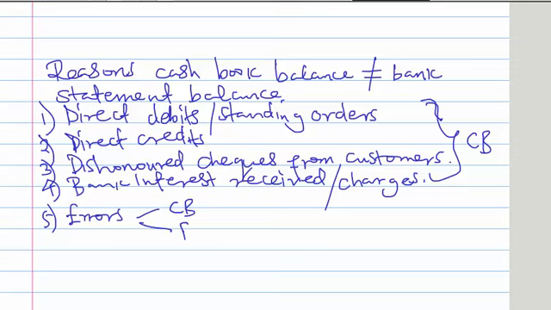So in your bank statement or on your cash book, once you identify those, you will need to reconcile them. Another common cause of differences are what are known as unpresented checks.